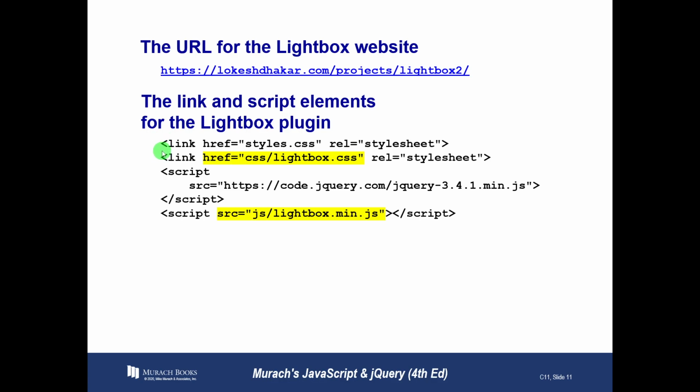Lightbox uses a CSS page. So in the head of your website, you have to include the CSS lightbox.css. You also have to include the script lightbox.min.js in order to use this, and make sure again you load that after you load jQuery.